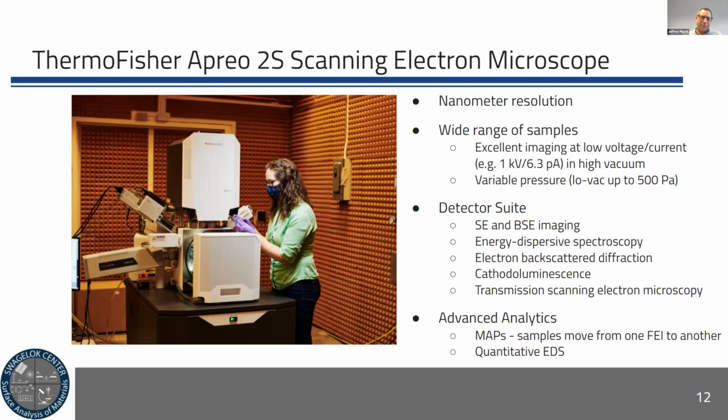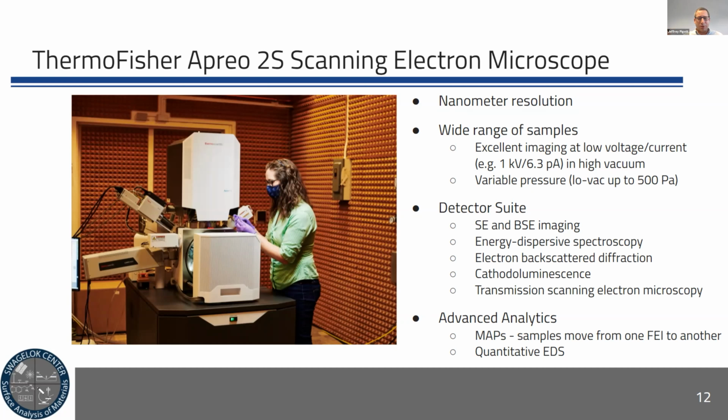We also have some advanced software that allows for more advanced techniques, such as the Pathfinder software for quantitative EDS and also EBSD, and then the MAPS software, where we can map samples through imaging.